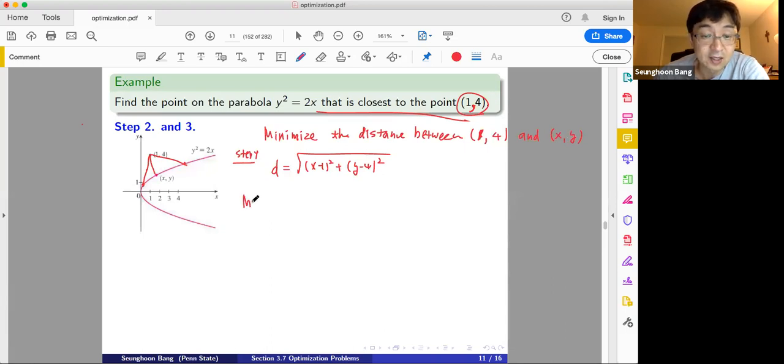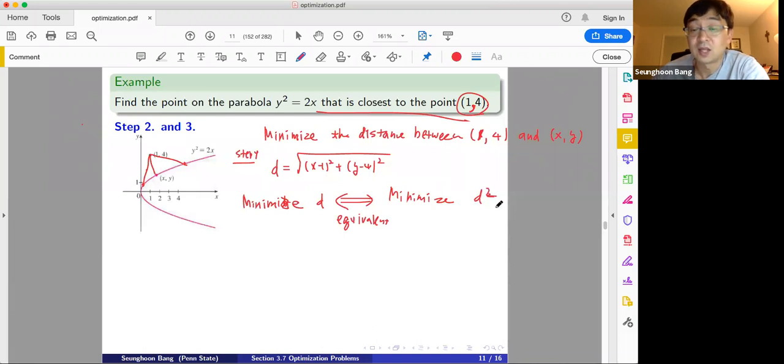Minimizing D is equivalent to minimizing D squared. It doesn't matter. We have the same point.